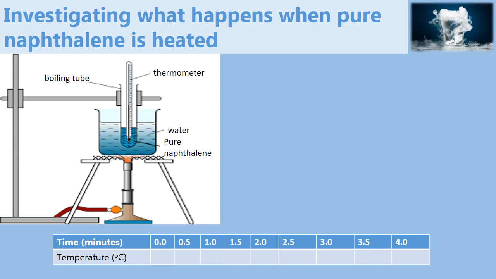When we heat naphthalene in a water bath, as shown in this diagram, and record our temperature at intervals of half a minute throughout the experiment, we will obtain a curve or a graph as shown in the next slide.